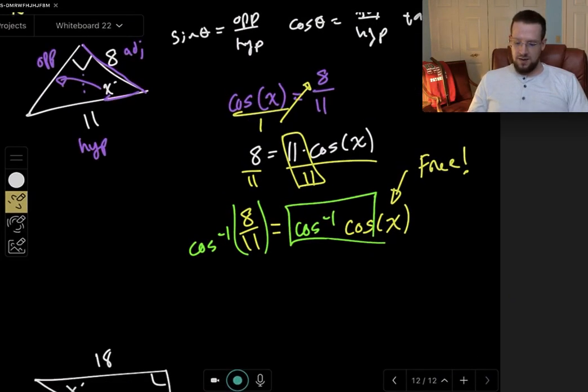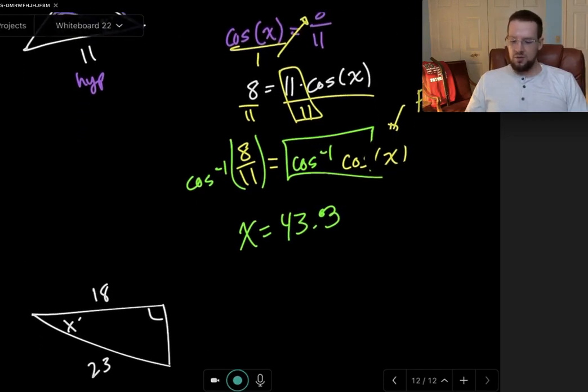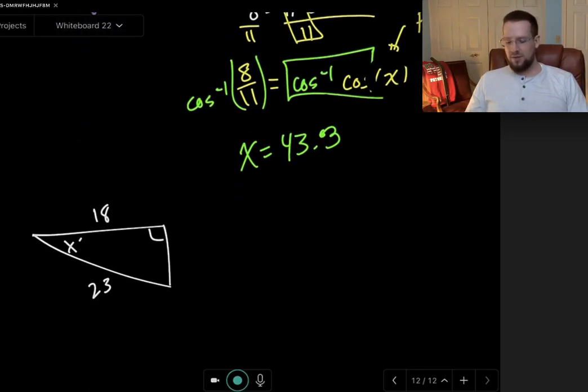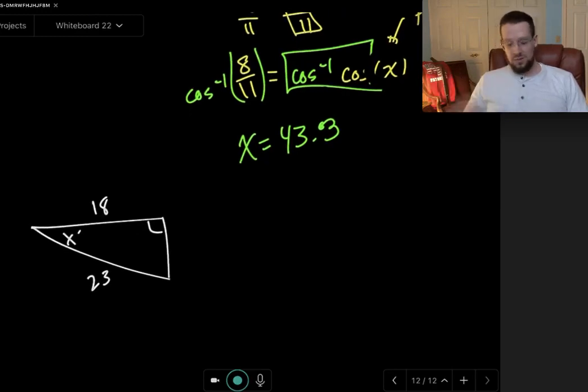And so all we got to do back here is say, okay, well, these two canceled, so we're left with just x, and that's equal to 43.3. So again, the trig inverse functions cancel one another out. They are opposites of each other. They remove the inverse and they leave you only with the x. The thing is, though, you need to do it to both sides.